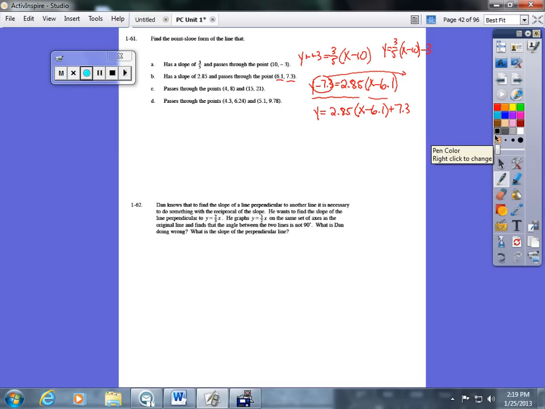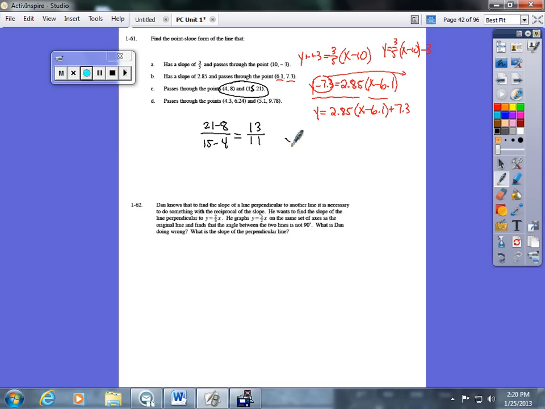Now again, beyond this exact lesson, I don't ever want you to do this process by hand. You know how to use the calculator, use it. If it's asking for point slope form, that's fine. Get the slope, use one of the points to write it in point slope form. So by hand, we would have 21 minus 8 over 15 minus 4, so I would end up with 13/11 as my slope.